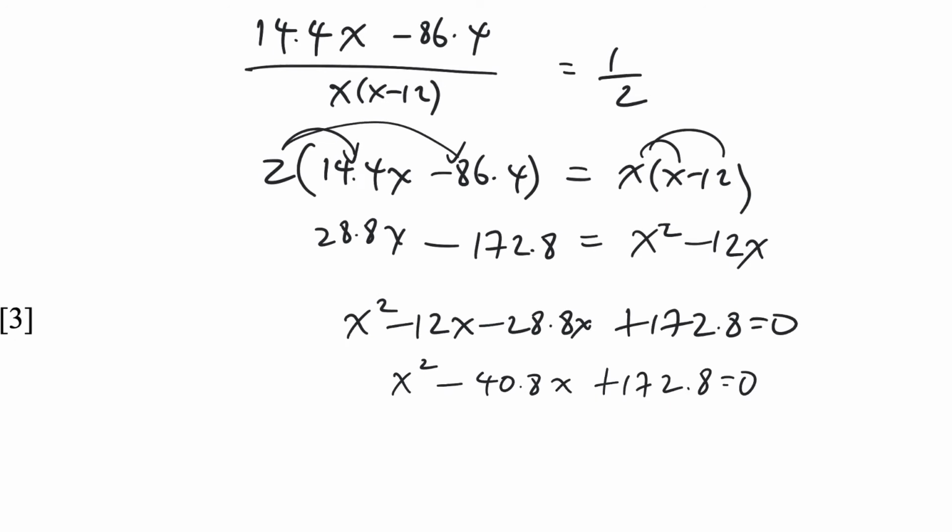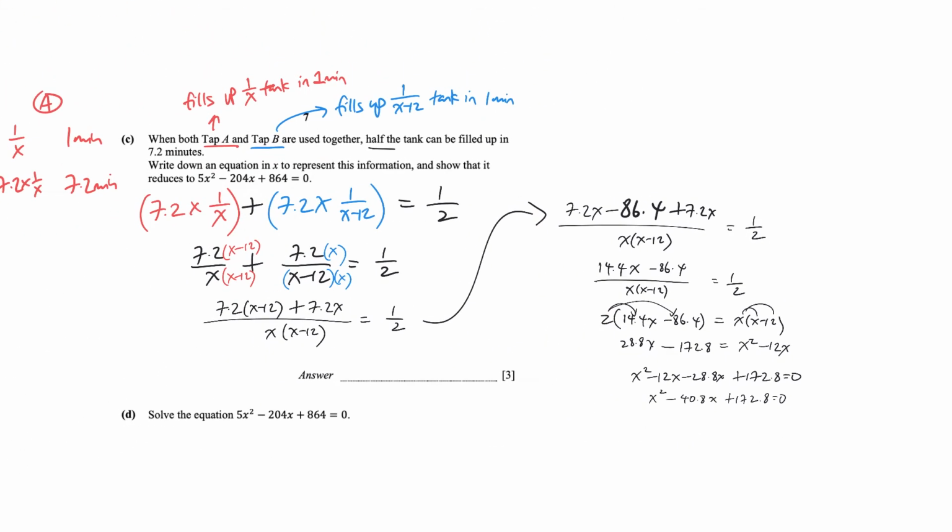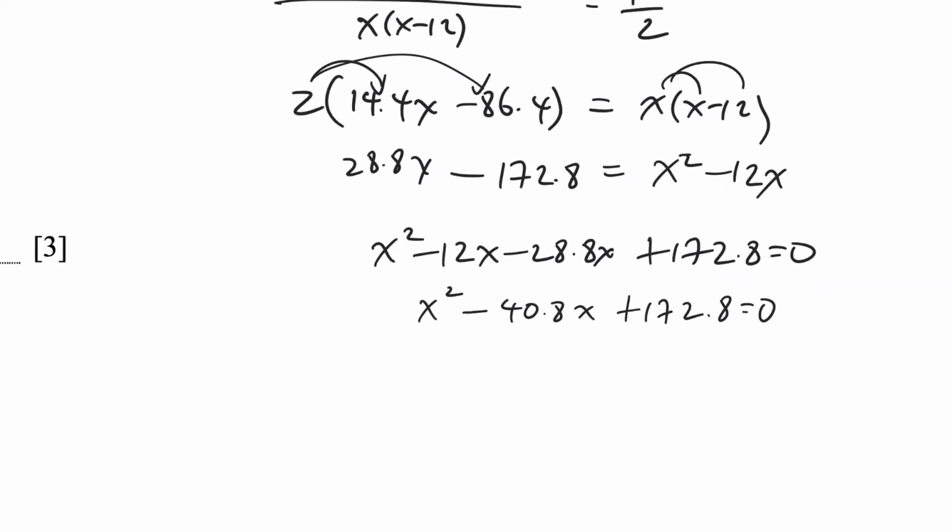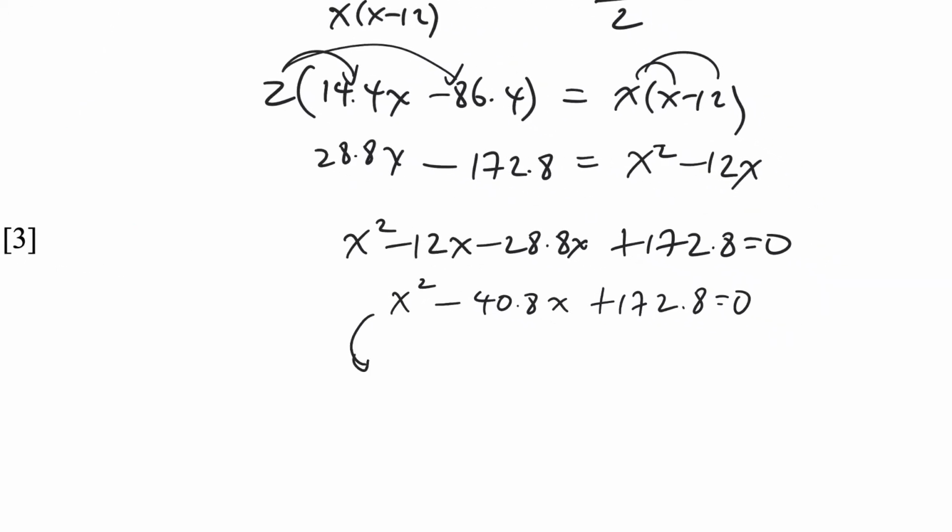We want to land on 5X squared, so let's just multiply everything by 5. Zero times 5 is still 0. Everything on the right-hand side, let's multiply by 5. So we get 5X squared. How do I know?